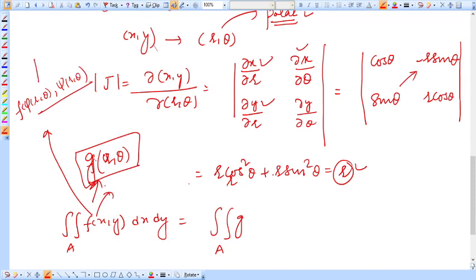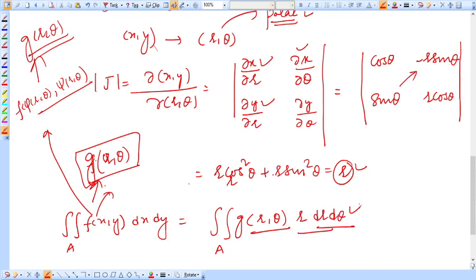We can give this function some other name and call it g, a function of r and theta, so it is equal to r g of r theta. Here the Jacobian is equal to r, and in place of dx dy you write dr d theta.